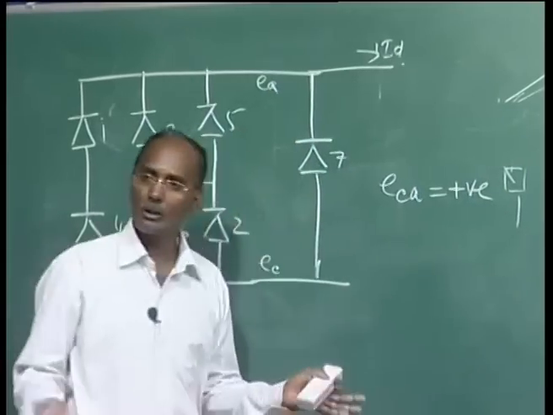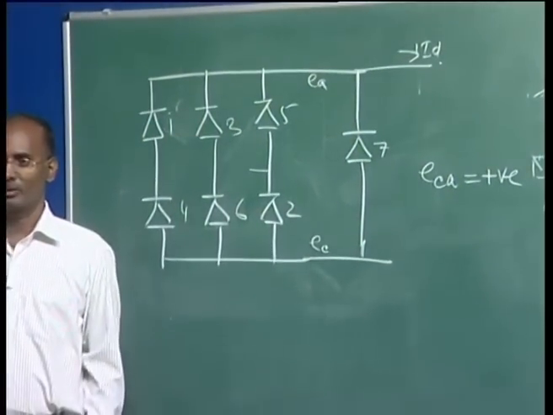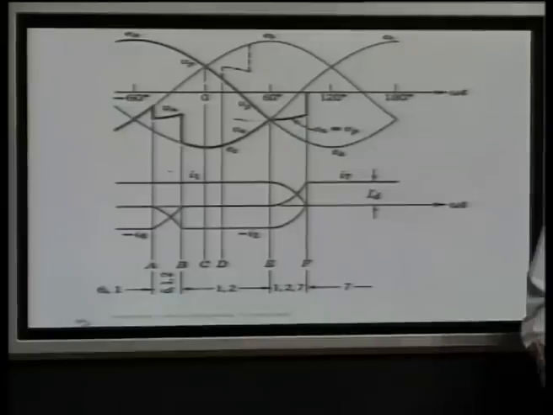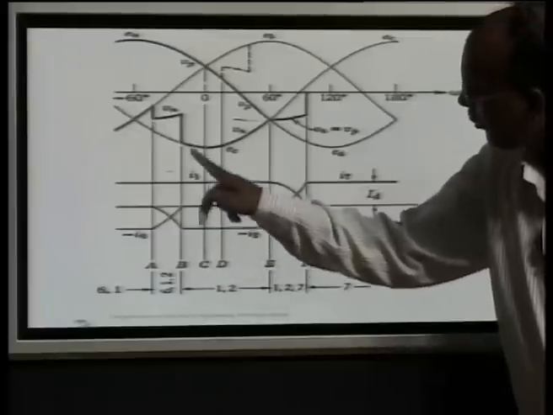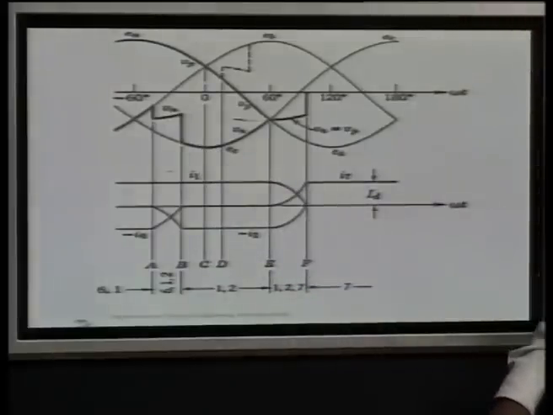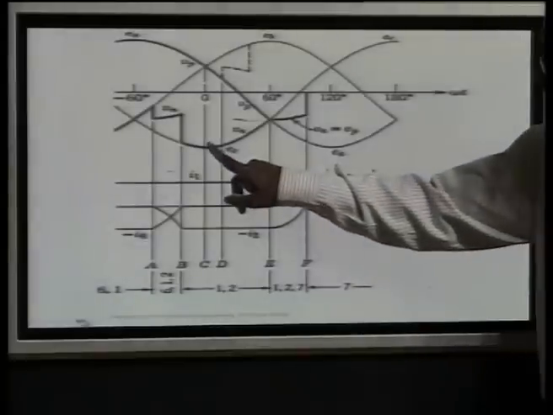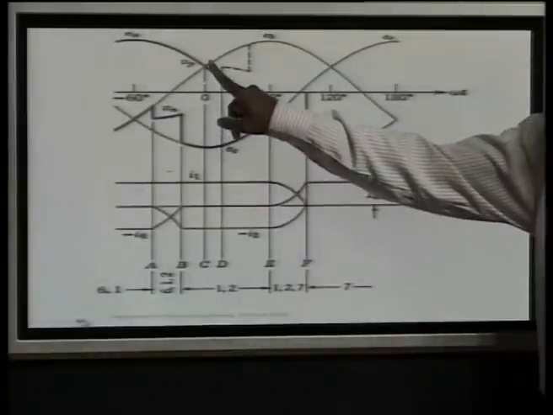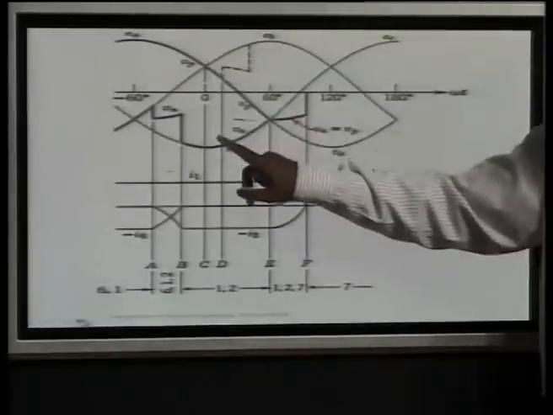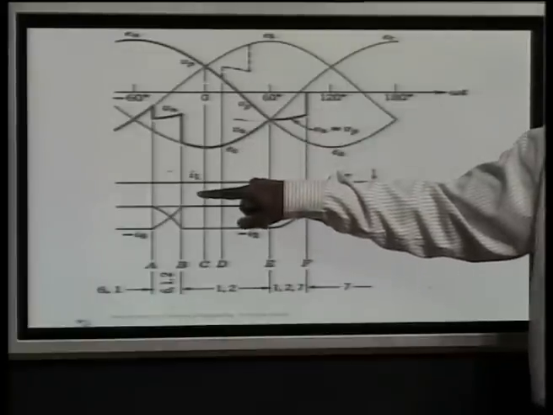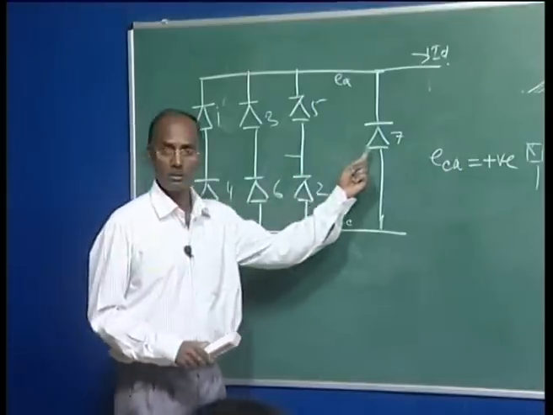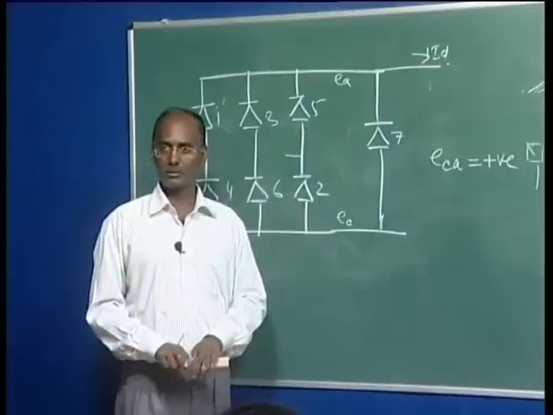If it is negative, it will not conduct. Now you can see what happens. Here 1 and 2 are conducting. You can see what is the voltage. This is your C, this is here, it is negative, because it is CA, this minus this is still negative. So when you give the pulse here, it will not conduct.